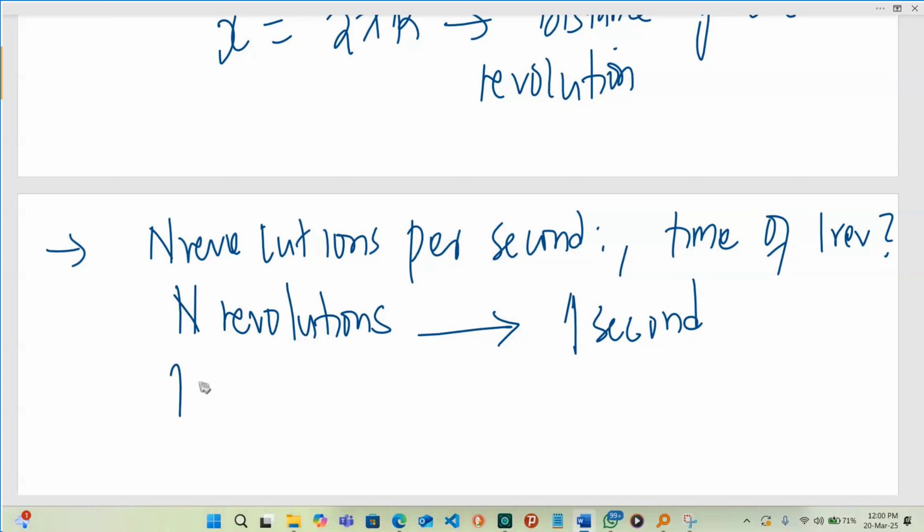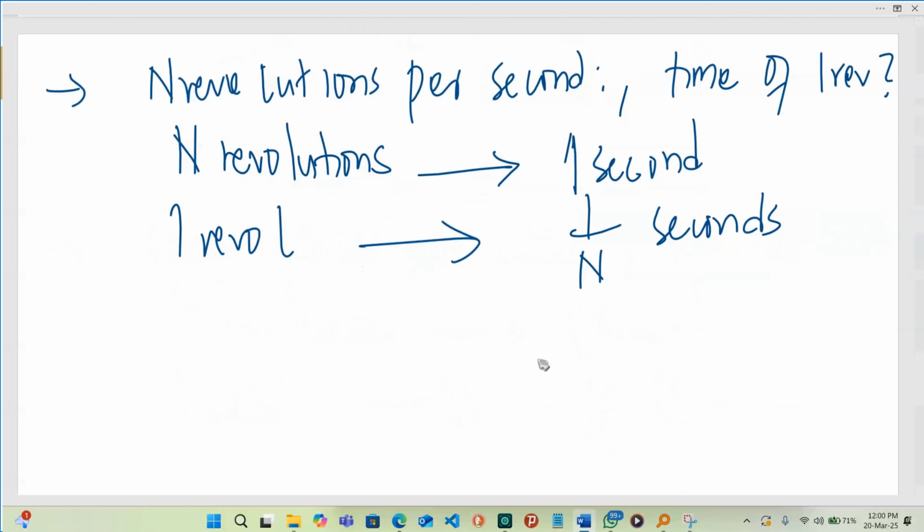What about if we have one revolution? So the time will be 1 out of n seconds.